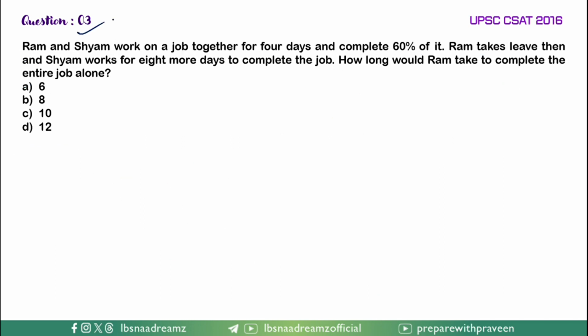Question 3. Ram and Shyam work on a job together for 4 days and complete 60% of it. Ram takes leave then, and Shyam works for 8 more days to complete the job. How long would Ram take to complete the entire job alone?